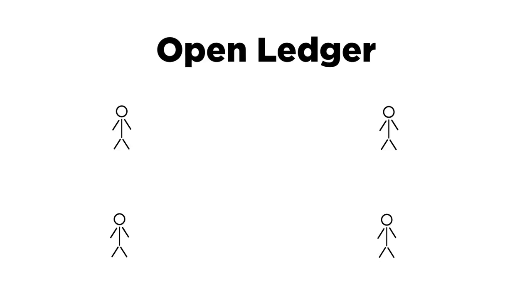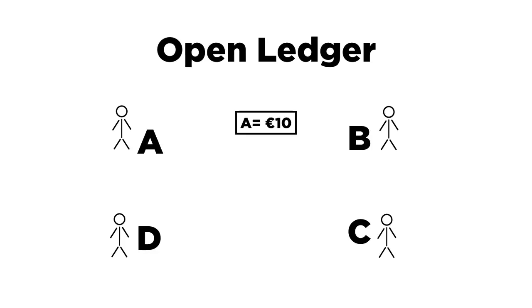Let's take a look at the function of blockchain in a little detail. The concept of open ledger is crucial to understanding this. Suppose there's a network of 4 people who want to move money from one another. At inception, A has 10 euros. This amount, along with its owner, is registered in the ledger.